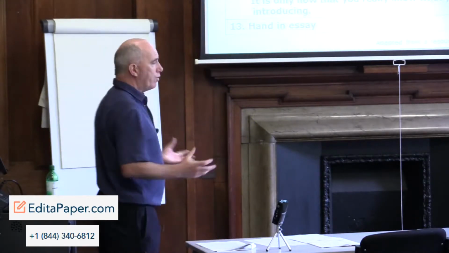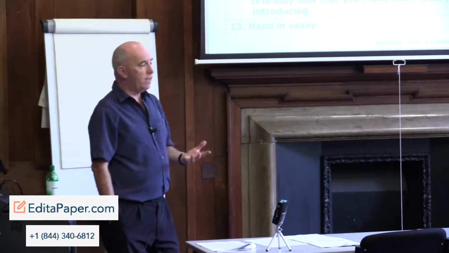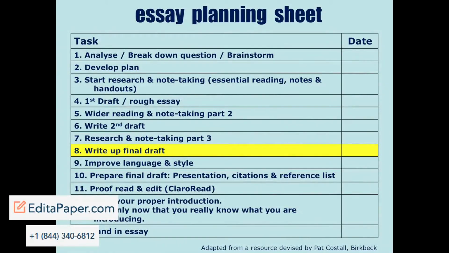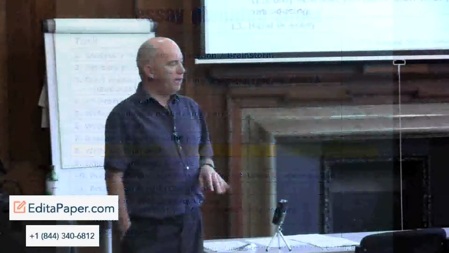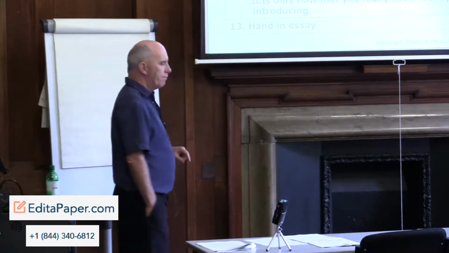So hopefully from those sources, from the library databases, you should find enough material to be able to write up your final draft. And you write your final draft, and maybe even then you find there's some gaps. So maybe you might need to do another round of research and write your final draft. But eventually you'll get there. And then you're up to point 9.